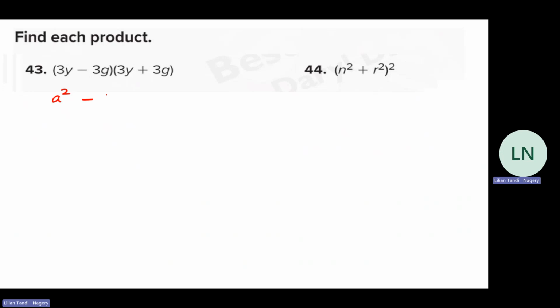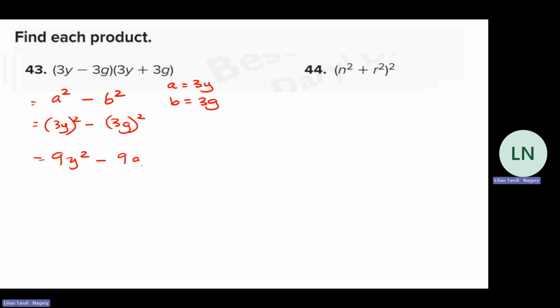A squared minus b squared. Our a is 3y. Our b is 3g. So bracket 3y squared minus 3g squared, 9y squared, 9g squared. Our a is n squared. Our b is r squared.